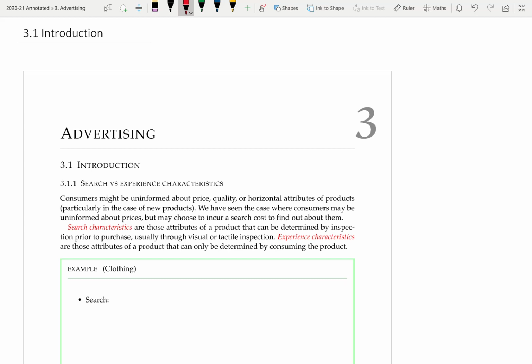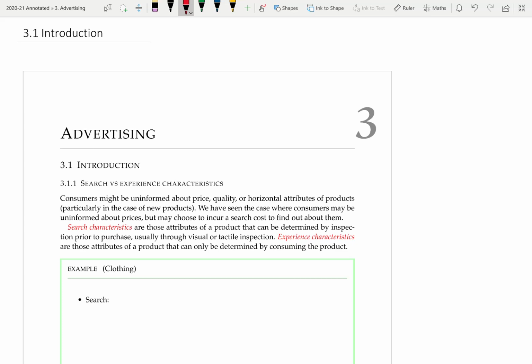Consumers might be uninformed about certain attributes of a product, so they might be uninformed about the price, as we saw in the search model. They might be uninformed about quality, or they might be uninformed about horizontal attributes of products. Search characteristics are things about a product that you can determine prior to purchase through inspection.